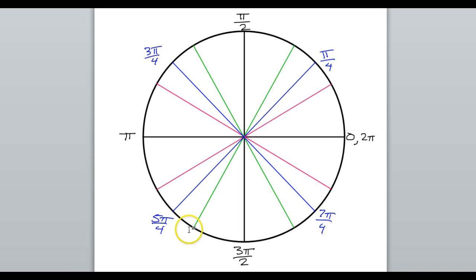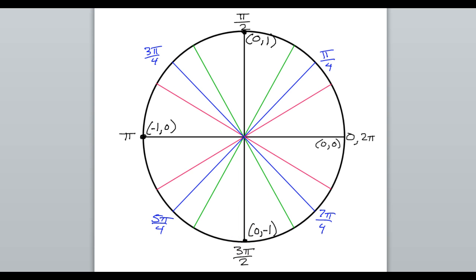The coordinates will help us do the multiples of pi over 2. So right here we have 0, 0. Up top, this point right here is 0, 1. Over here on the left, we have negative 1, 0. And down here at the bottom, we have 0, negative 1.